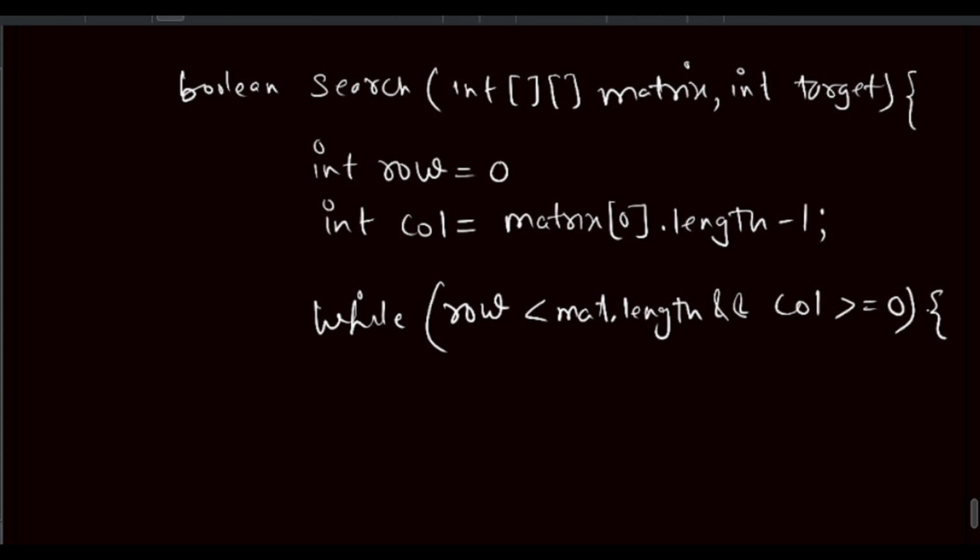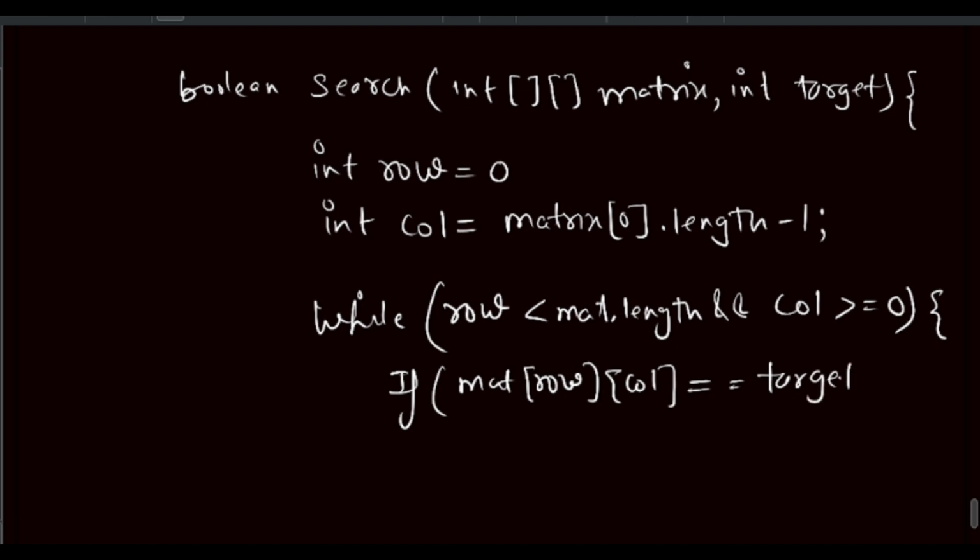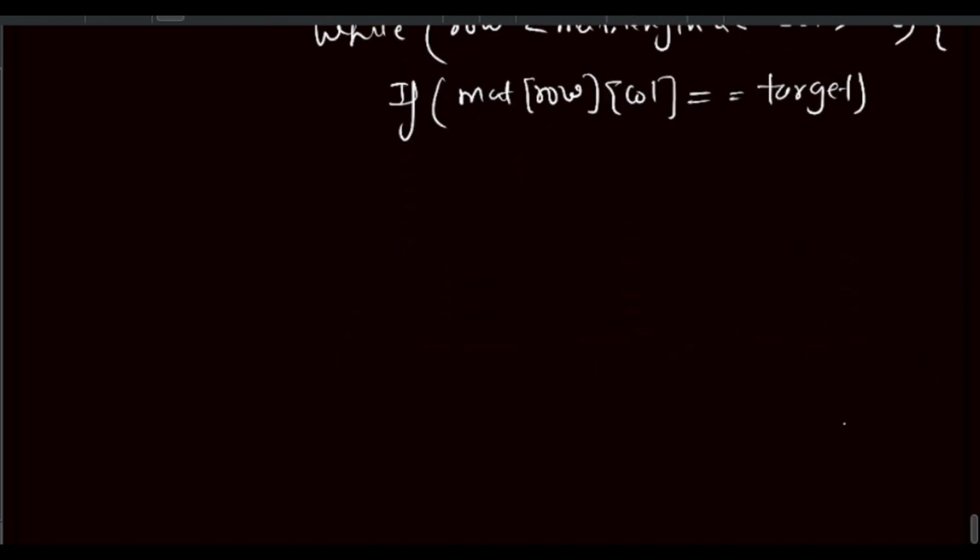So I should be careful not to cross the 0th index, which will be last while moving left. So what I'll do is I'll compare the current element. Current element is at mat row column. And there can be a case when I have found a solution and this current element is equal to target. Now in this case, I'll just return true.